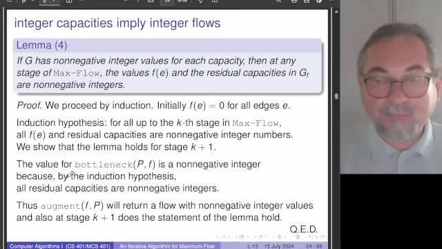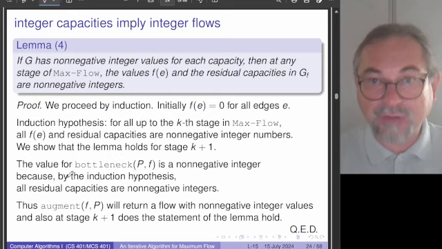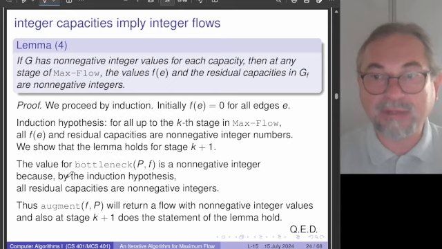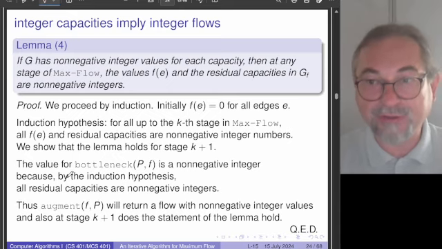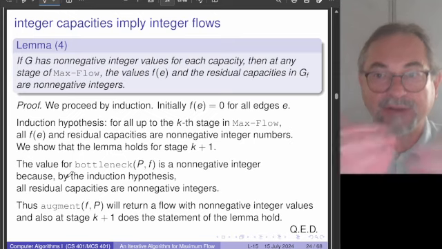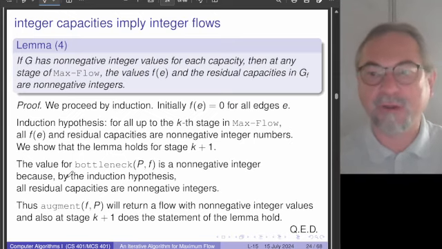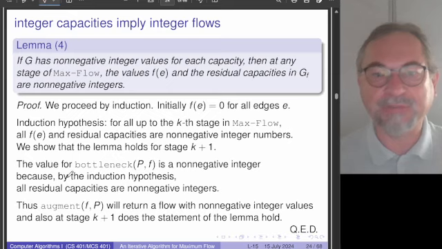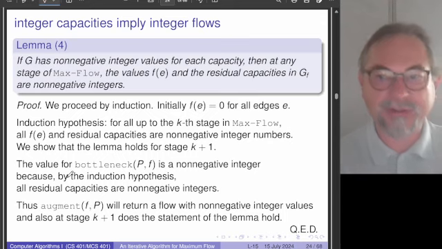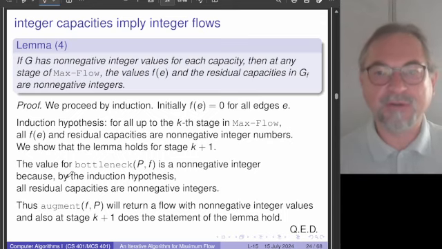When we construct the residual graph, we have the formula that's only subtracting integer numbers or assigning an integer number from the flow of the previous stage. So there is no way how actually non-integer numbers can arise.